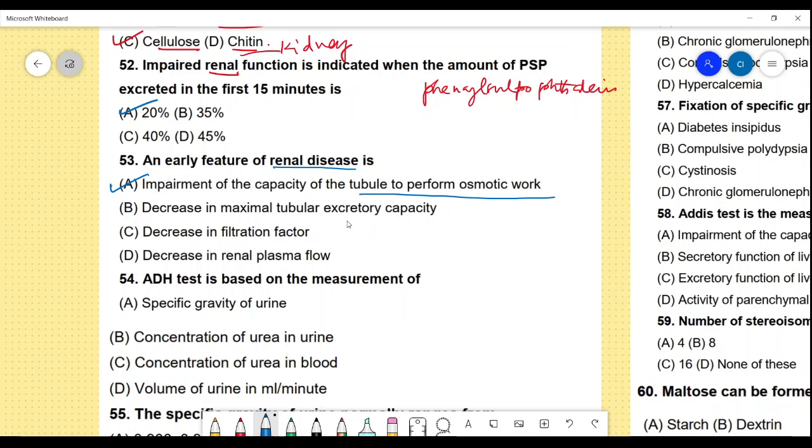Decrease in filtration factor is also slightly true, but filtration is based on pressure, while this one is based on some other factors. So it is slightly answered, but the right answer is A. Decrease in renal plasma flow is also not the right answer.